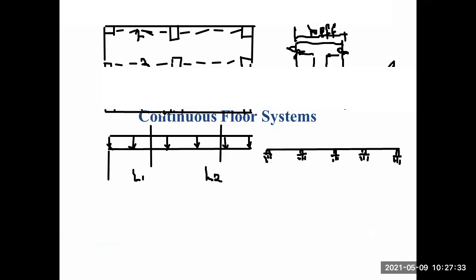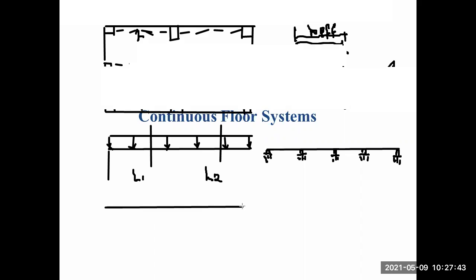Okay, so if I want to redraw the system again, this is our beam, and we have columns over here, a column over here, and a column over here.